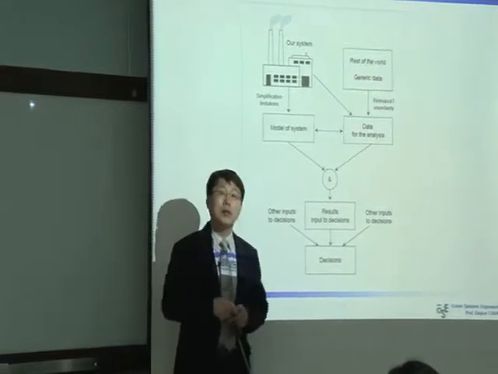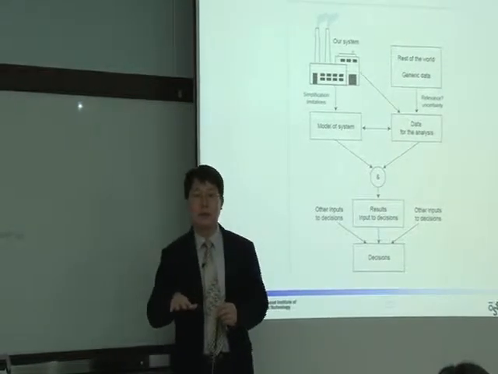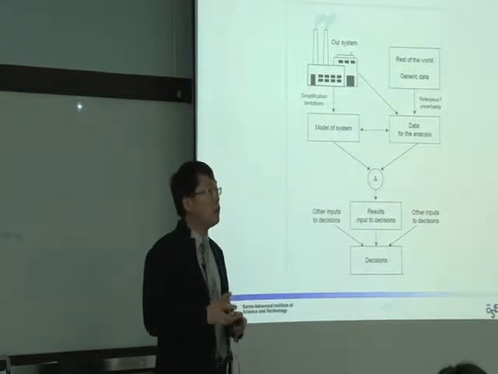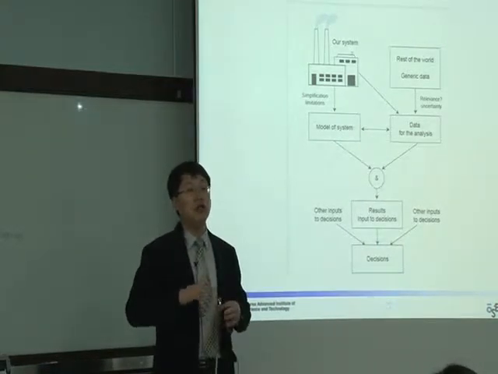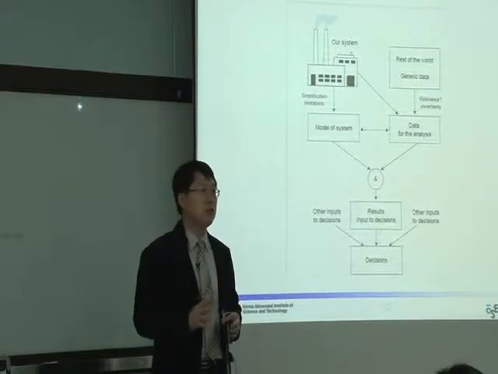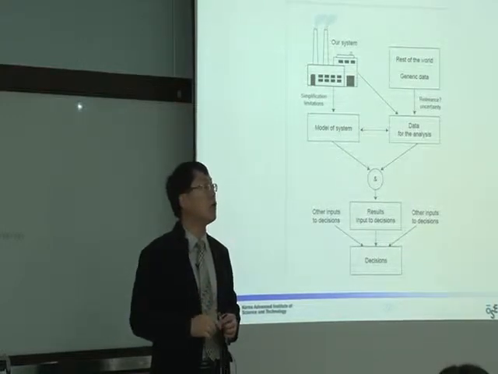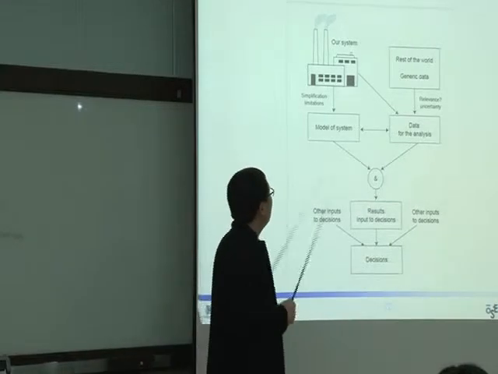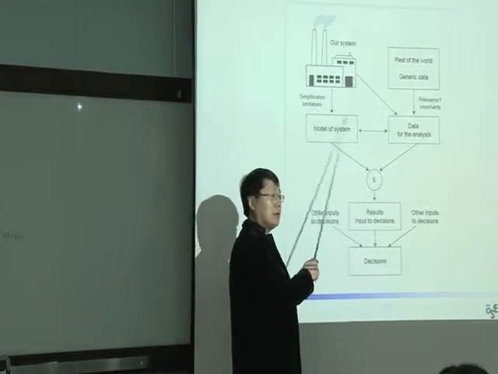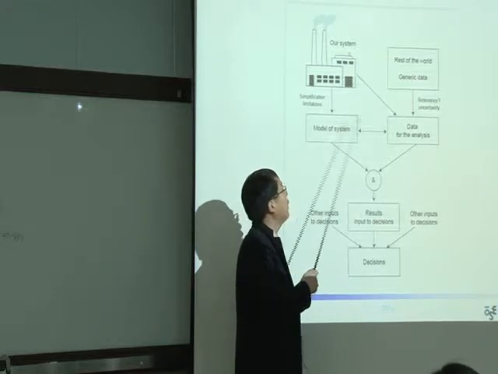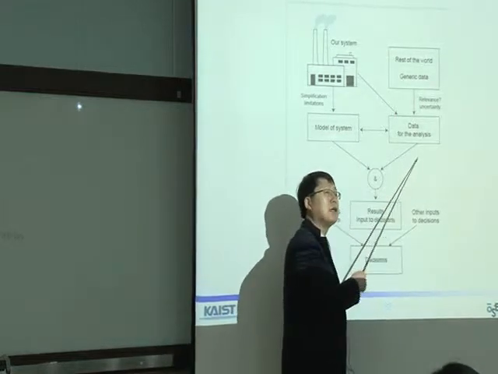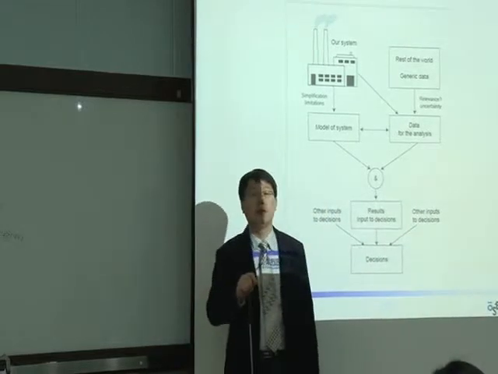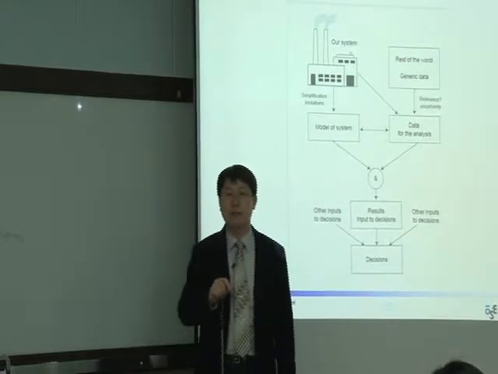If the reliability is low, we can improve the reliability of a component, or we can change the configuration or the logical connection of the components. So the issue is, how can you construct a model and how can you get the precise data? This is a big issue of system reliability engineering.